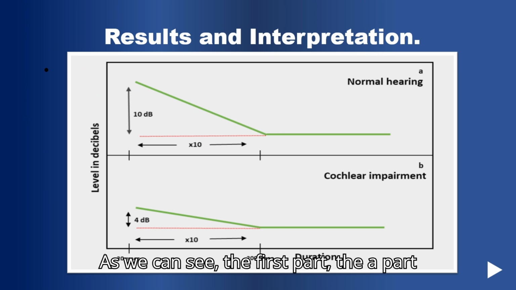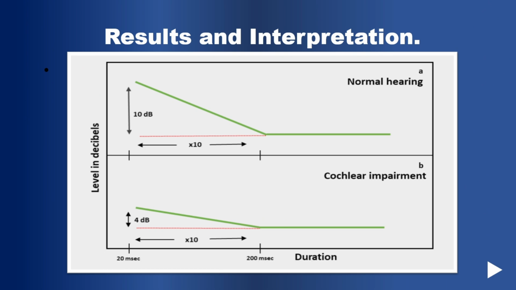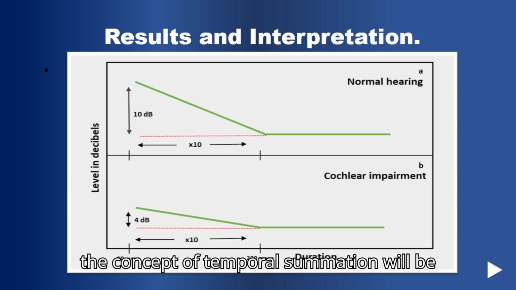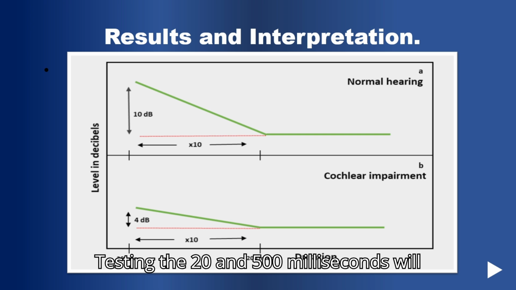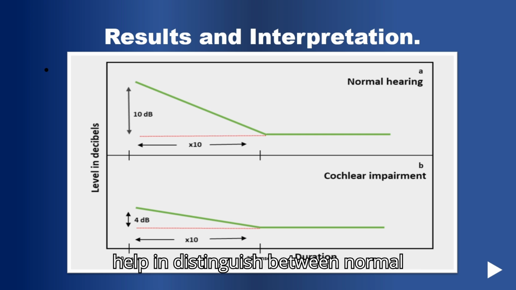As we can see, the first part, the A part, clearly explains how the concept of temporal summation will be in a normal hearing and in a cochlear impaired ear. Testing at 20 and 500 milliseconds will help distinguish between normal and cochlear impaired ear.